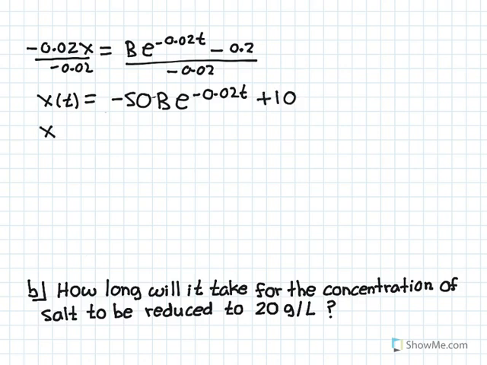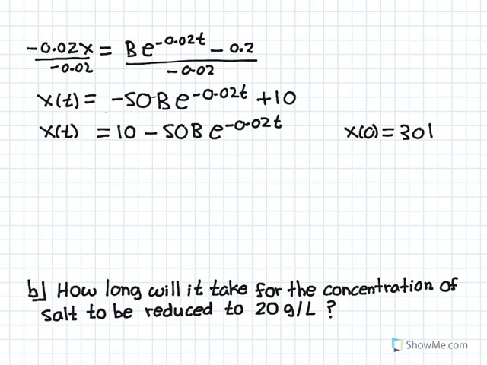So we get x of t, which is the mass of salt in kilograms at time t, equal to 10 minus 50b e to the minus 0.02t. Now, how do we solve for b? We apply the initial condition. The initial condition is x of 0 is equal to 30 kilograms. At time 0, we have 30 kilograms of salt dissolved in the tank.